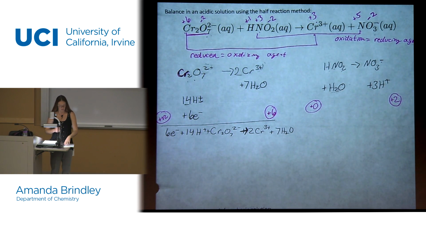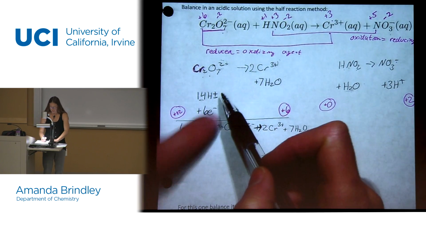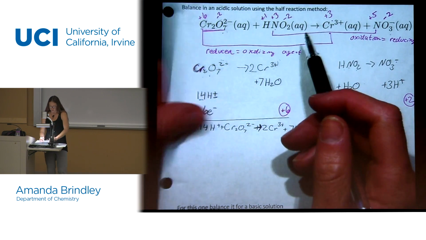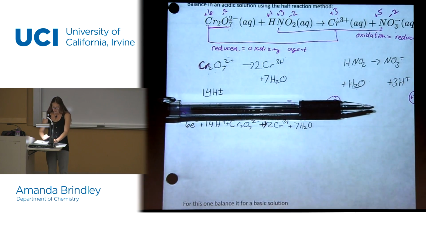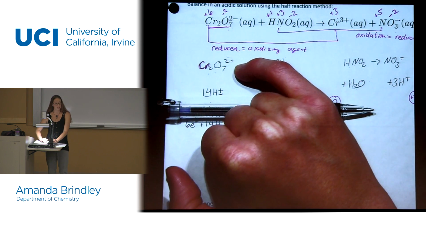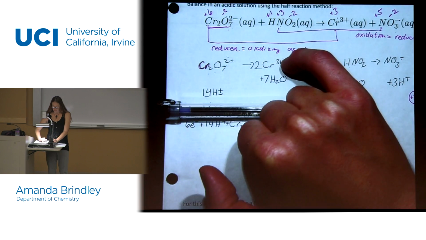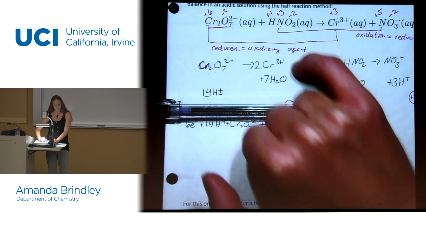How did you get the +6 on the right side? Oh, over here? Yeah. So let's erase this for a second. I had a +14 here and a -2 here, so I had a total of +12. And over here, I had 3 times 2 is 6. No charge here.